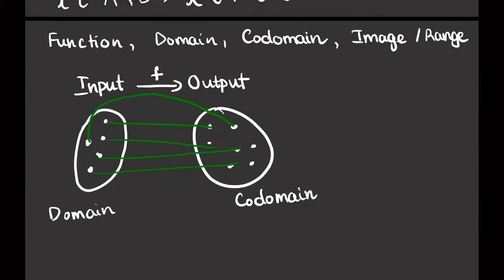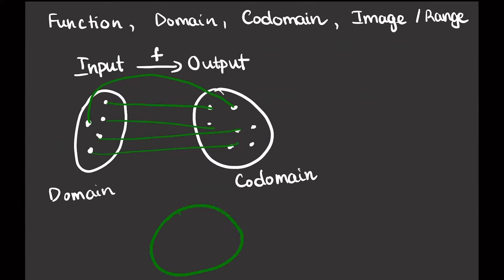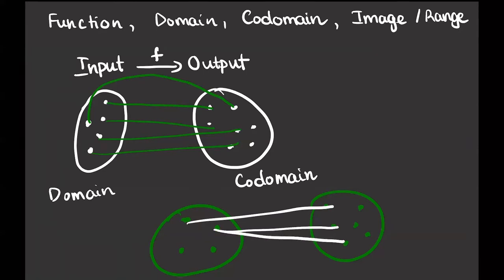And let's just draw a new domain here. If you have something like this, like one input is mapped to two outputs, this one is wrong. It is not a function.